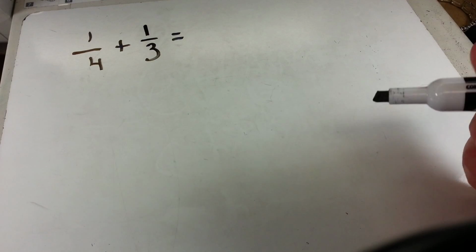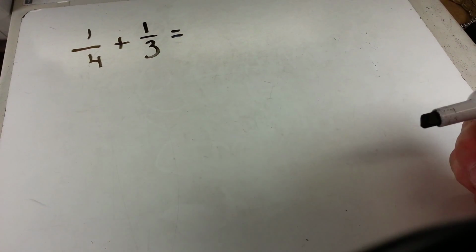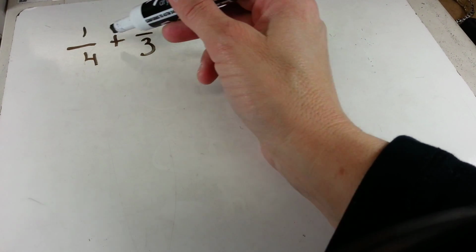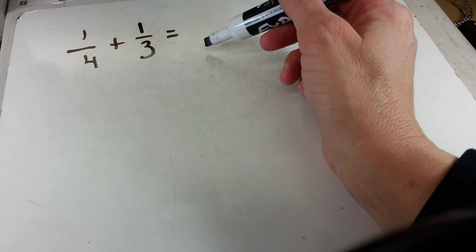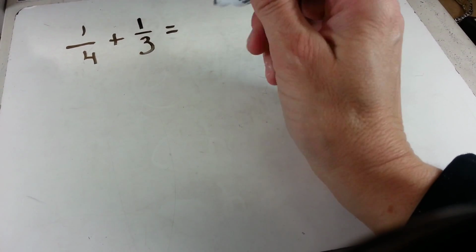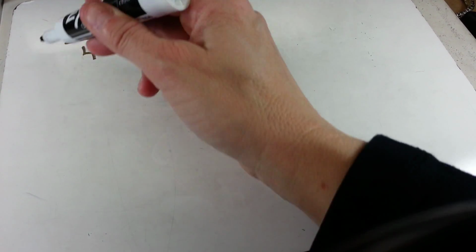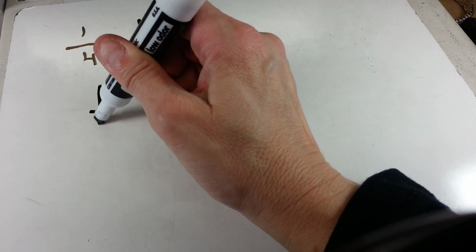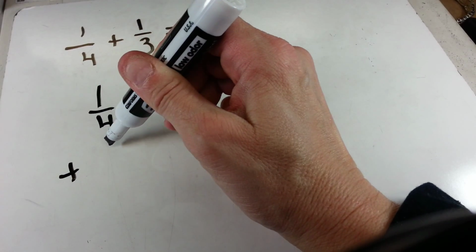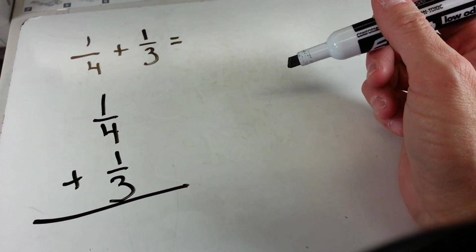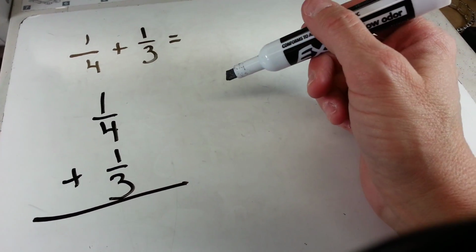If the denominators on the bottom are different, then we cannot just add the top and have the denominators be the same. Our first step is going to be to rewrite this entire problem. So we will turn it into a problem that is vertical instead of horizontal.